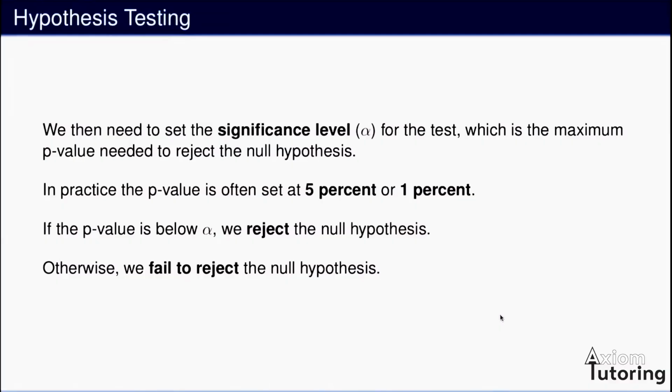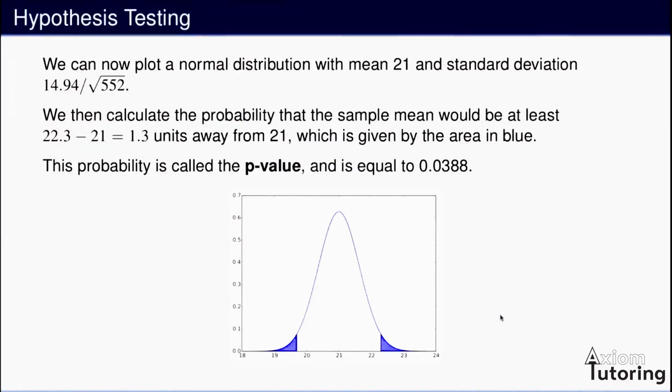So let's think about the previous example. So we had a p-value of 0.0388. So if, let's say, we have a 5% significance level, then what do we say? Well, this is clearly less than 0.05. So in that case, we would reject the null hypothesis because it is below the significance level.